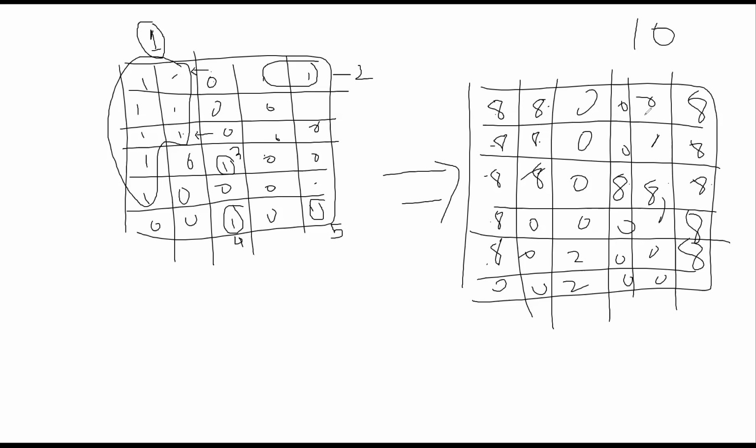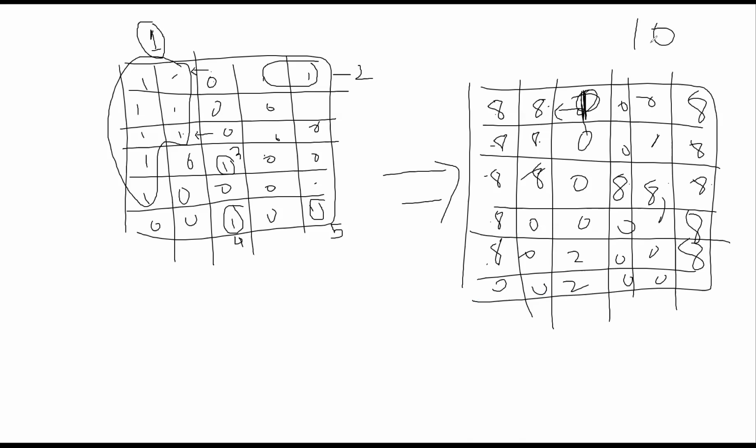Now, if we check all the zeros by replacing each with 1, suppose you take any zero and replace it by 1. Now I'll check if there is a non-zero number adjacent to this cell. Yes, there's an adjacent number here.